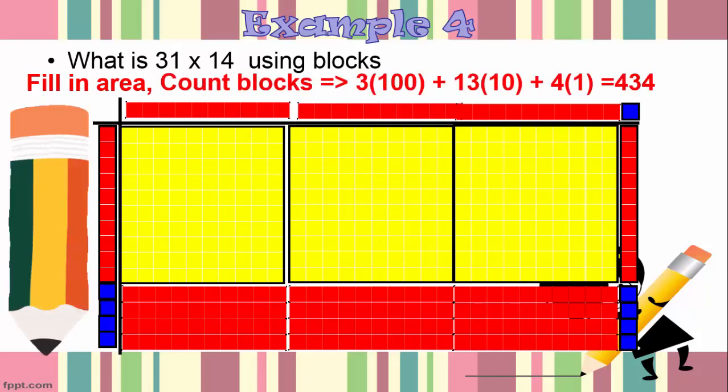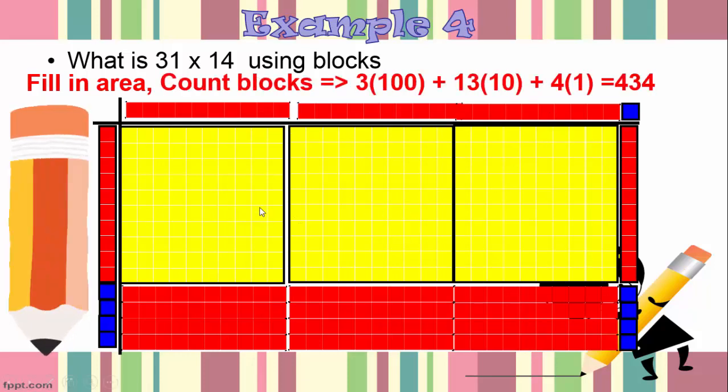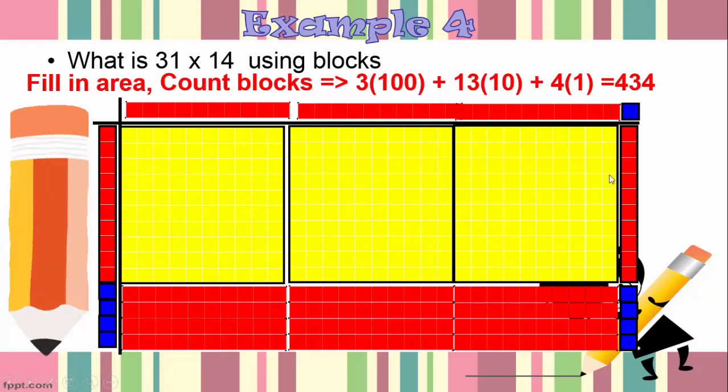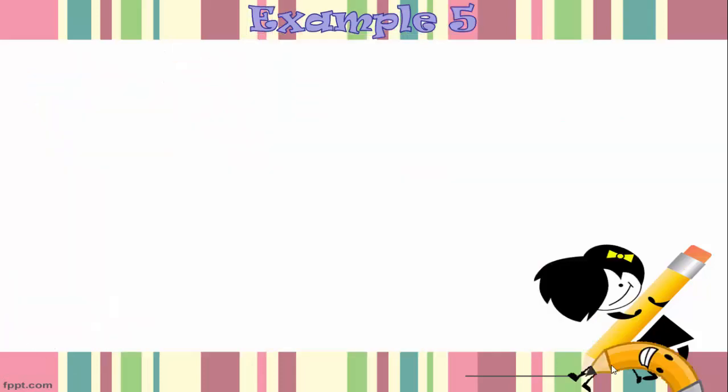Now I will count the blocks, and this implies we have 3 times 100 plus 13 times 10, which represents the 13 rods, and 4 times 1, which represents the 4 units, so we end up with 434.